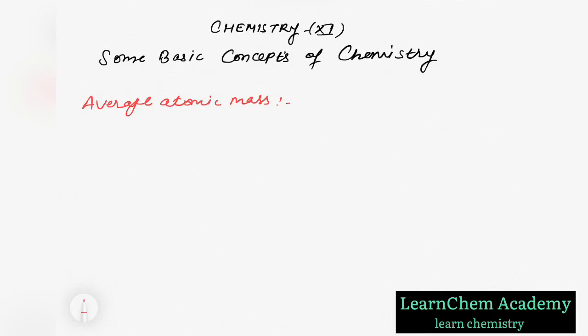Next topic is average atomic mass. Before discussing average atomic mass, we have discussed in our previous lectures atomic mass, absolute atomic mass, relative atomic mass, and how we can calculate the relative atomic mass. So today our topic is average atomic mass. We are going to take the average of something.